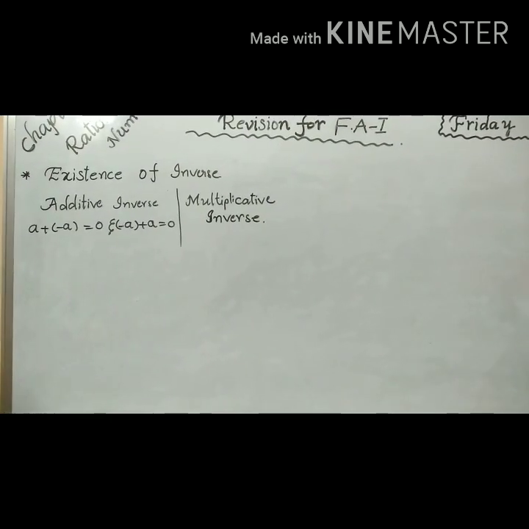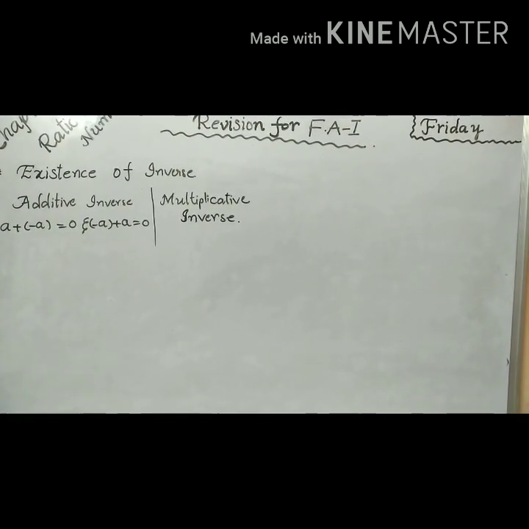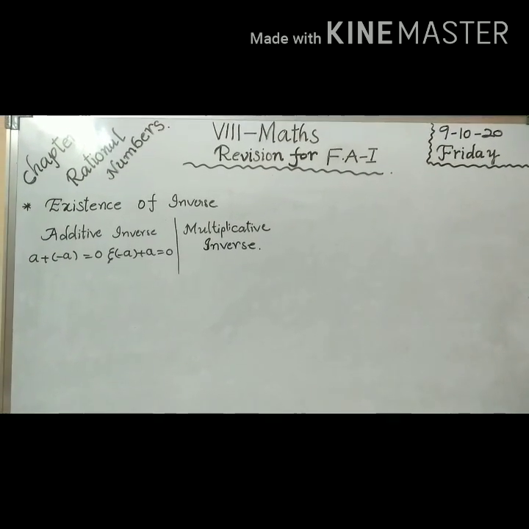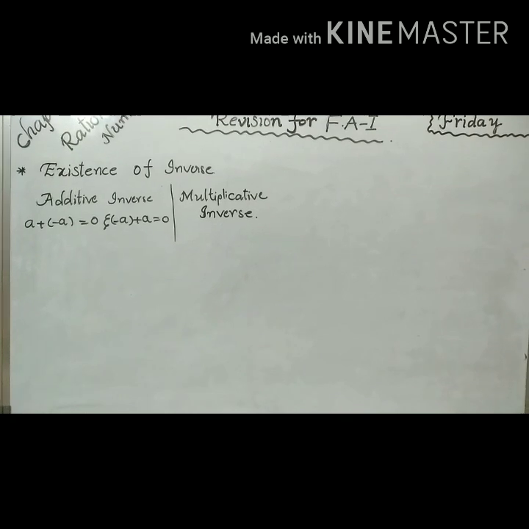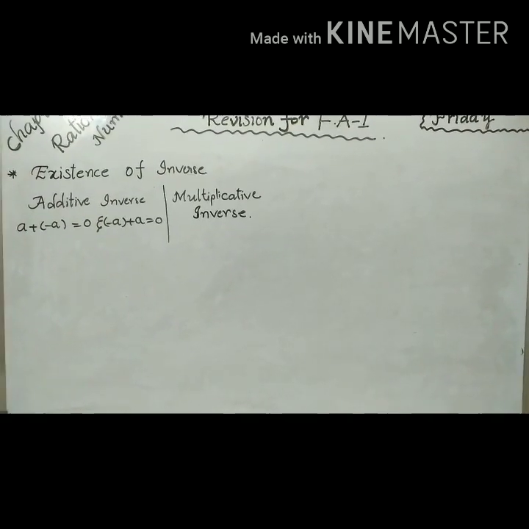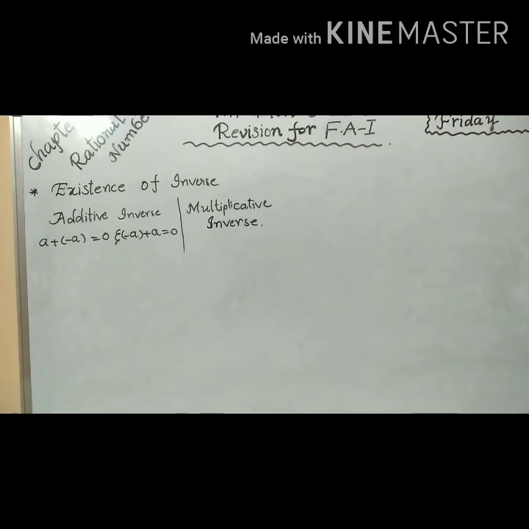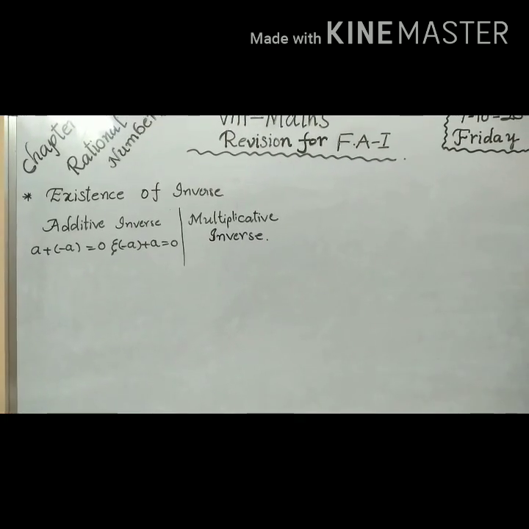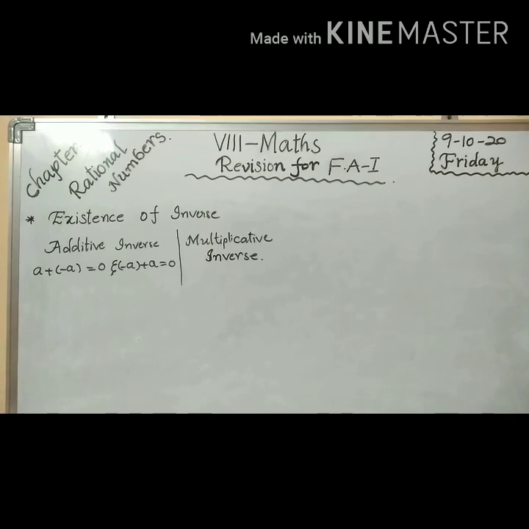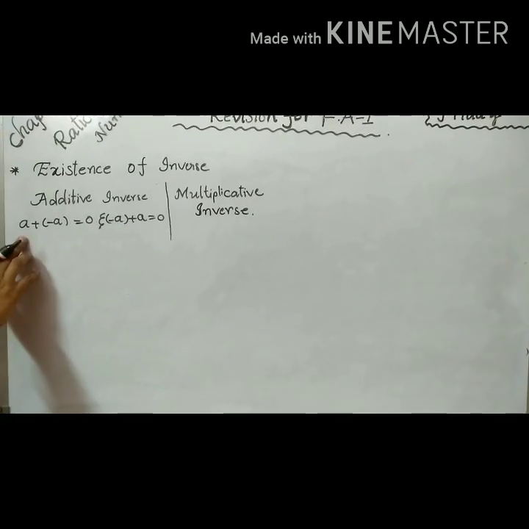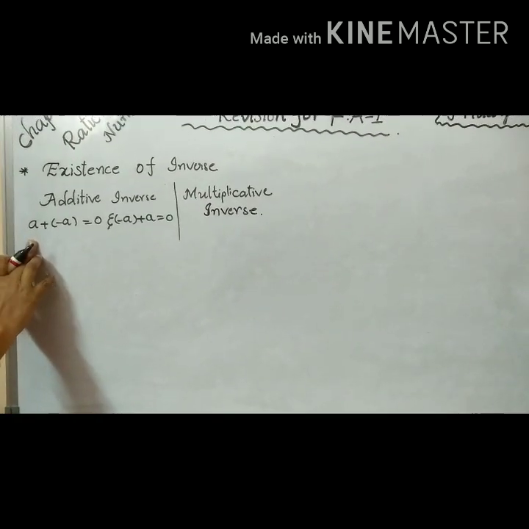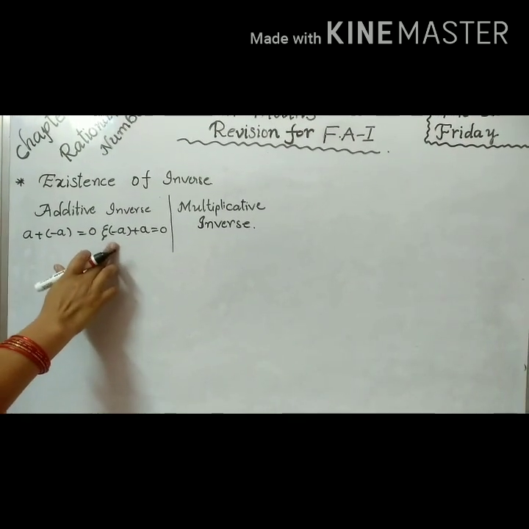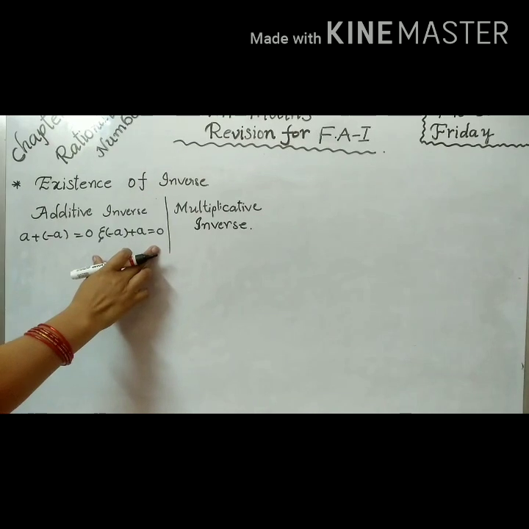The additive inverse means any two numbers whose sum is 0 are called the additive inverse of each other. In general, if A represents any rational number, then A plus minus A equals 0 and minus A plus A equals 0.